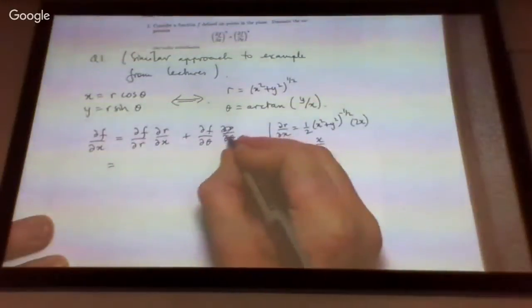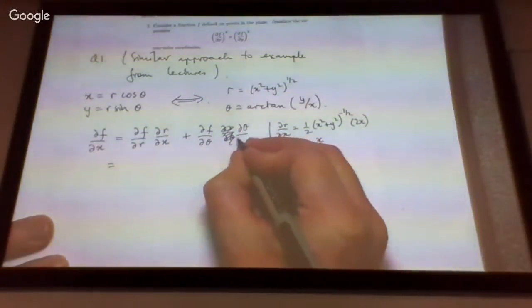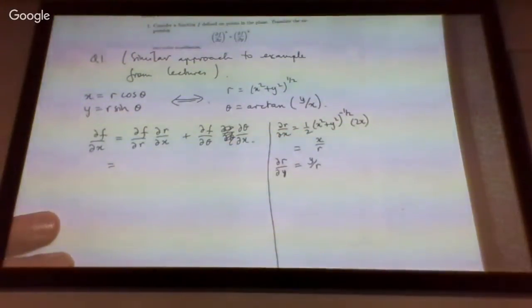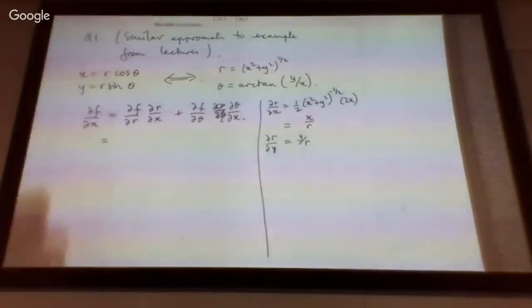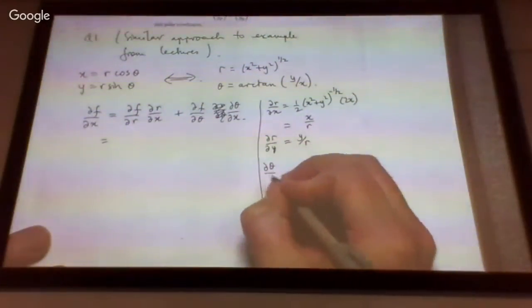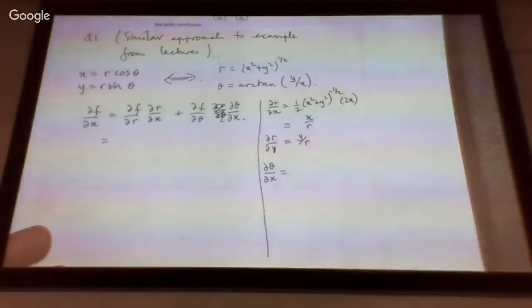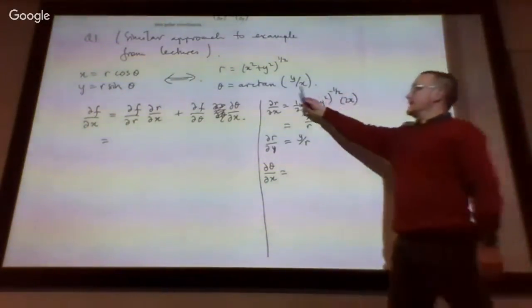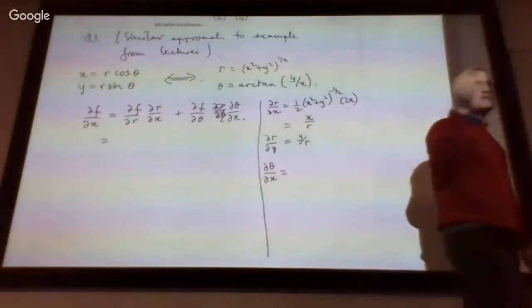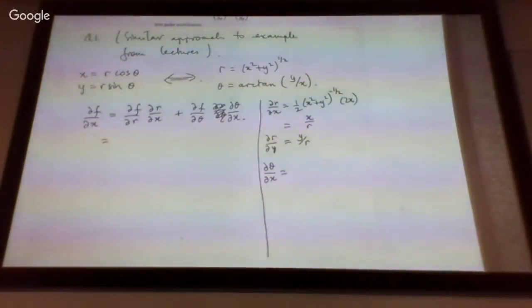Sorry, I wrote down the wrong thing there. That's d theta dx. And then as we looked at in the lecture, differentiating theta with respect to x, again I need to use the chain rule. The derivative of inverse tan is 1 over the square of the argument plus 1.